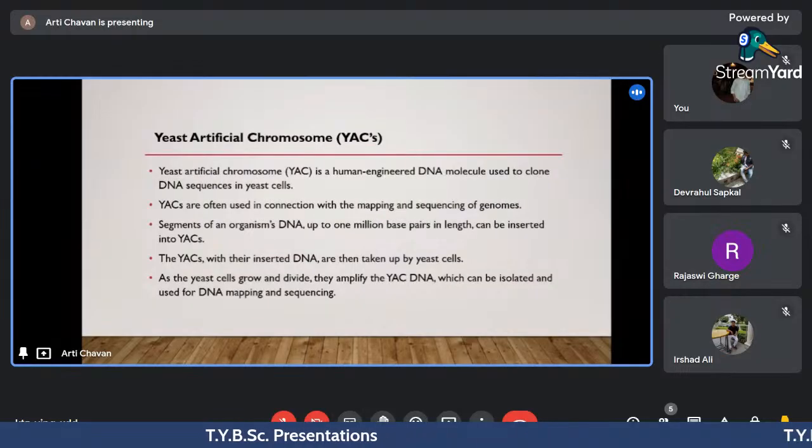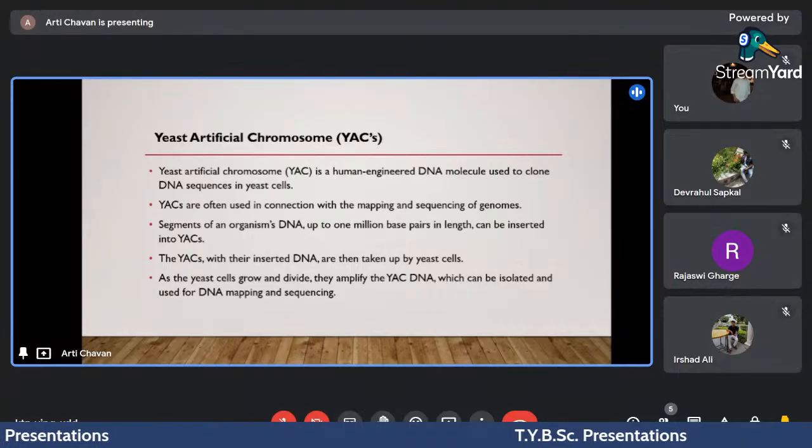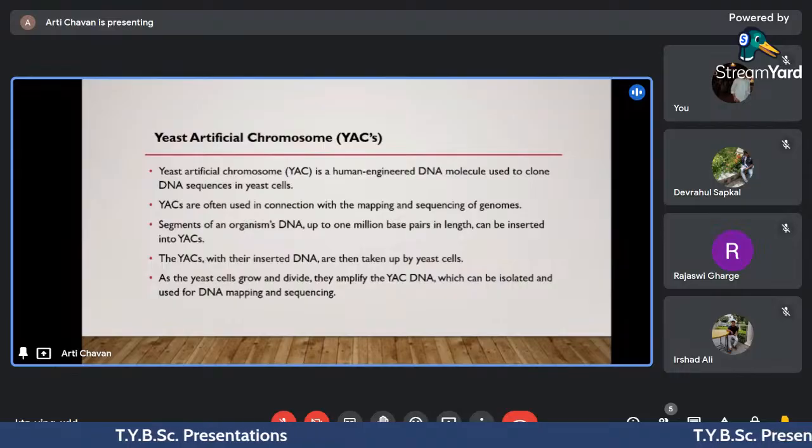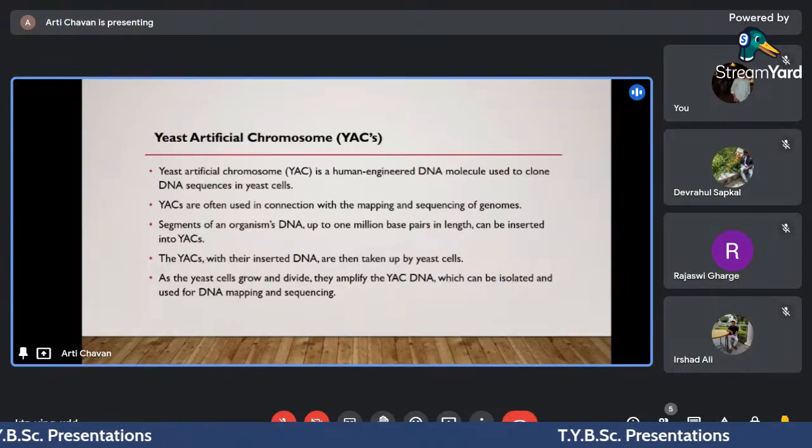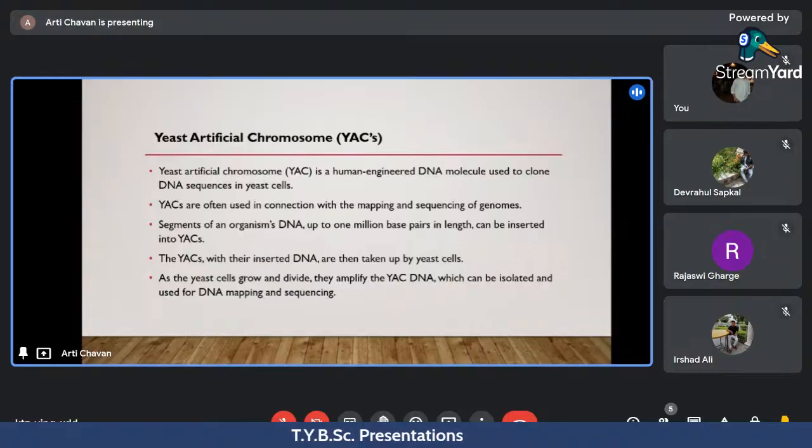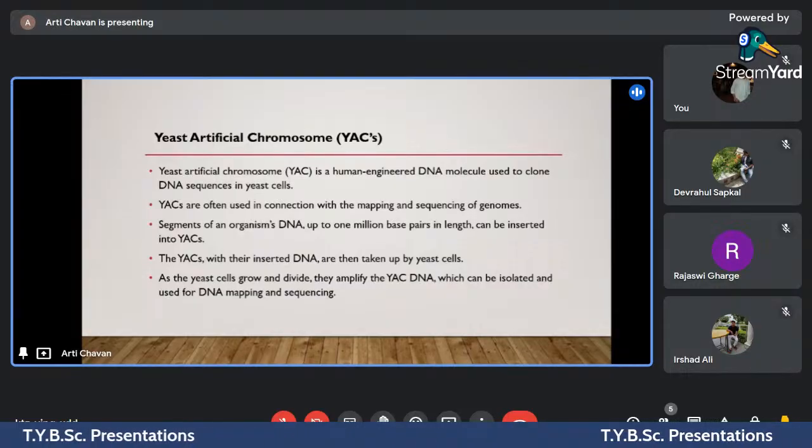A yeast artificial chromosome is a human engineered DNA molecule used to clone DNA sequences in yeast cells. YACs are often used in connection with the mapping and sequencing of genomes. Segments of an organism's DNA up to 1 million base pairs in length can be inserted into YACs.